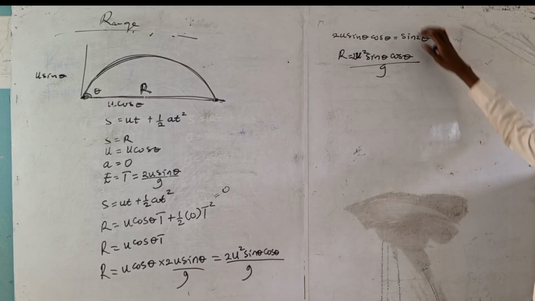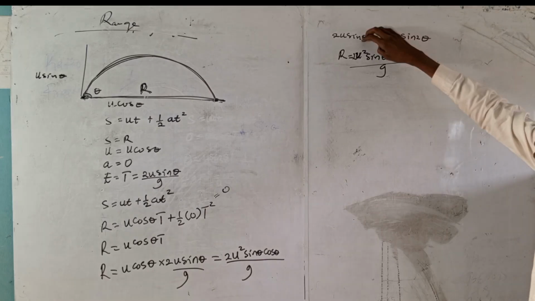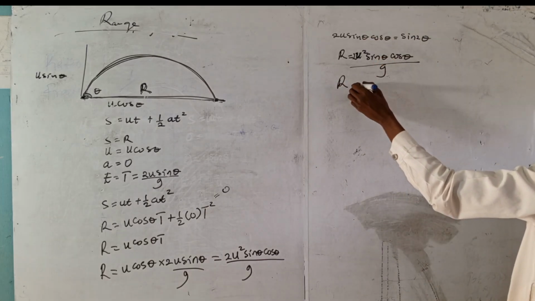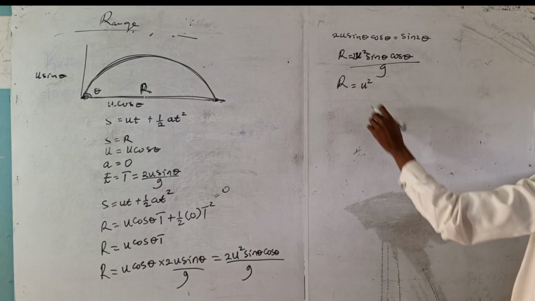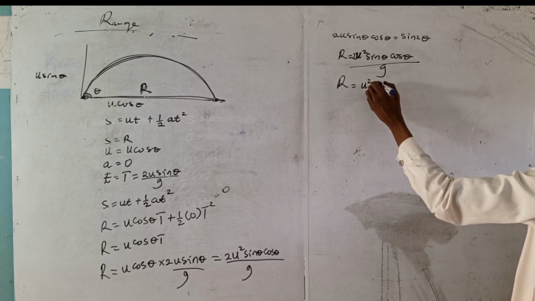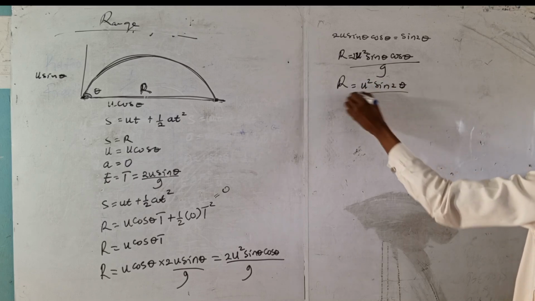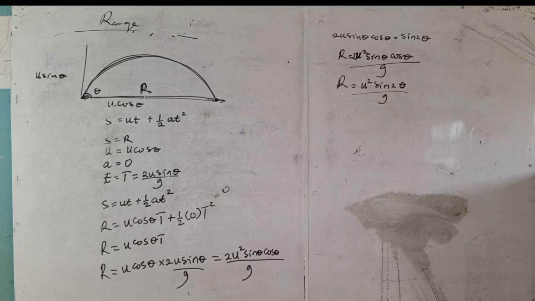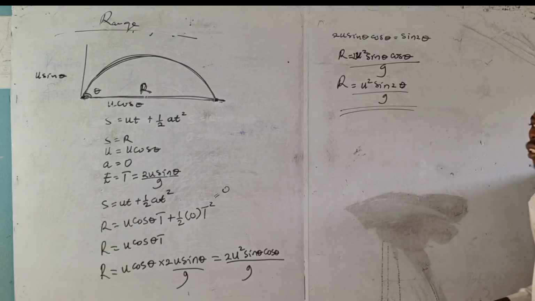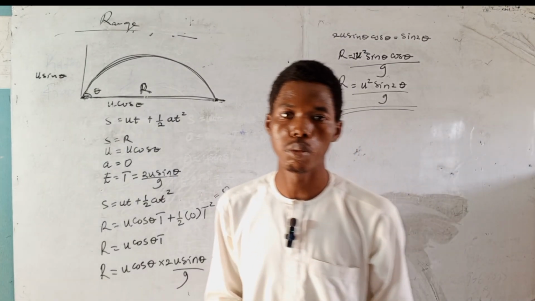You will substitute this into this equation. R is equal to u squared, since 2 sine theta cos theta equals sine 2 theta, divided by g. So this is the formula of horizontal range of a projectile. Thank you for watching.